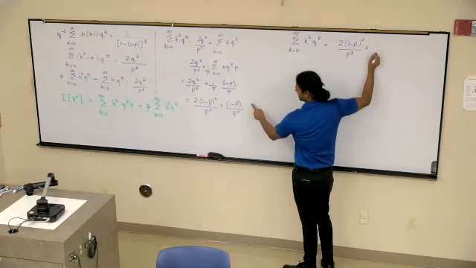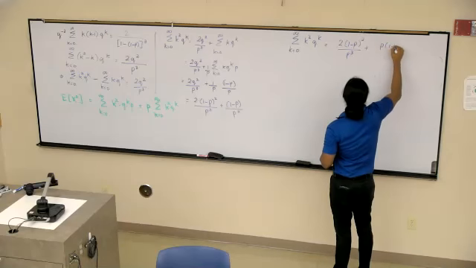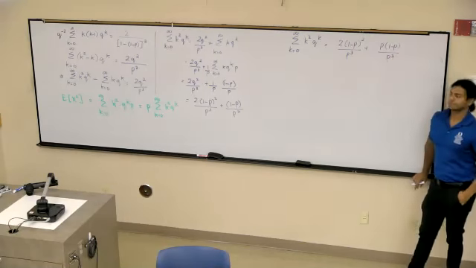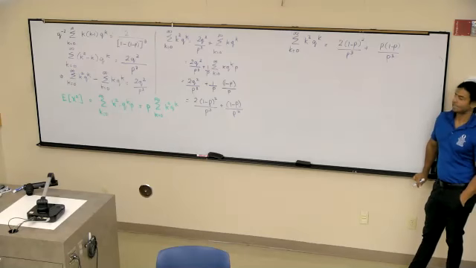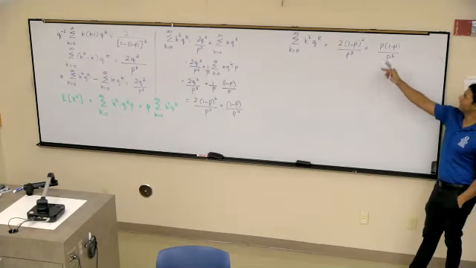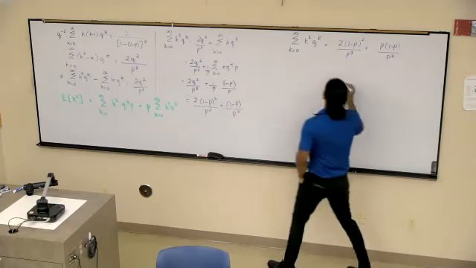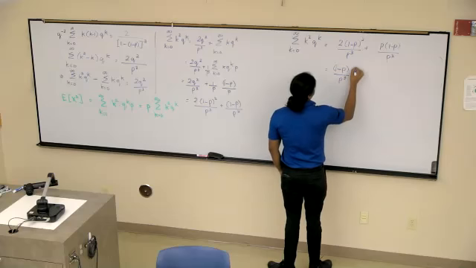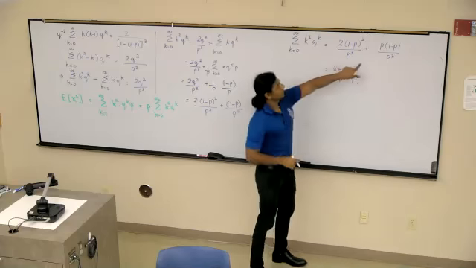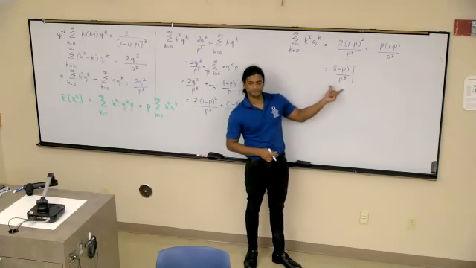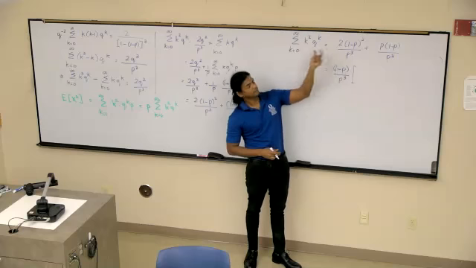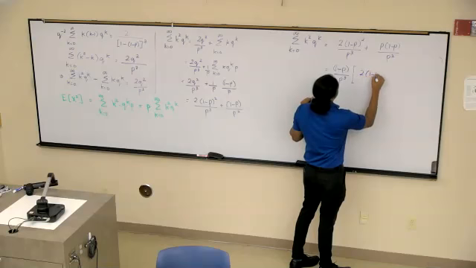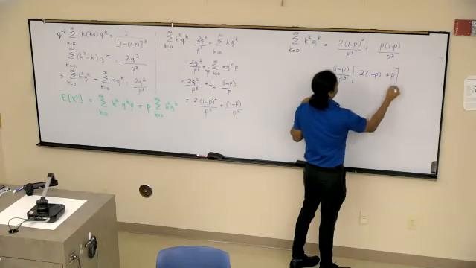Multiply and divide by p. Good. Now I have p cubed in common. I have 1 minus p in common. Common denominator, p cubed, I pull that out. 1 minus p is in common, I pull that out. So I have 2 times 1 minus p plus p.